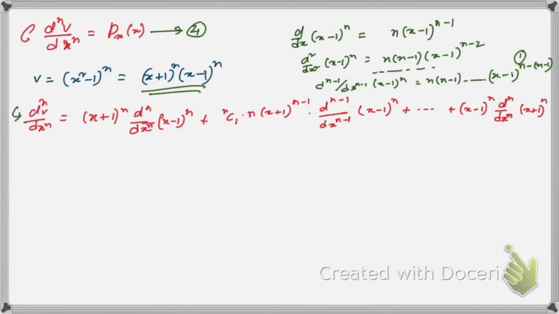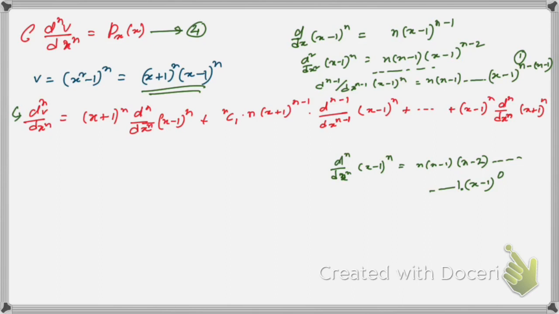So in the next term, if you differentiate n times, then what will you get? If you differentiate x minus 1 whole to the power n, n times, then you will get n into n minus 1 into n minus 2 and so on, times x minus 1 whole to the power 0, right?